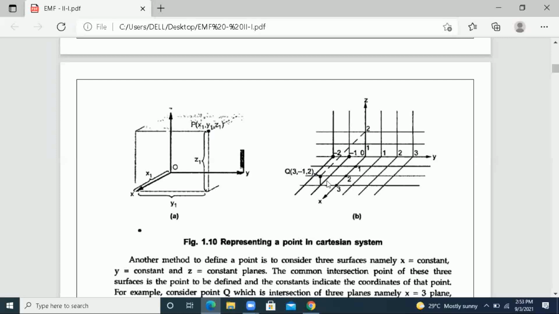So from the origin here, we're going to move 3 in the x direction, -1 in the y direction, and 2 in the z direction. That is point Q, located at 3, -1, 2.